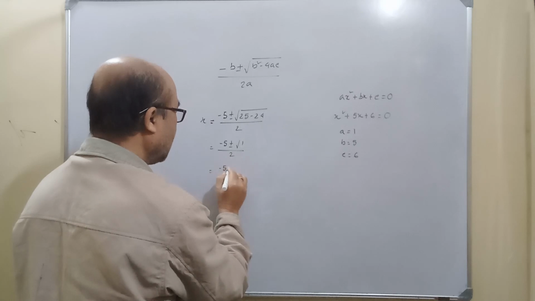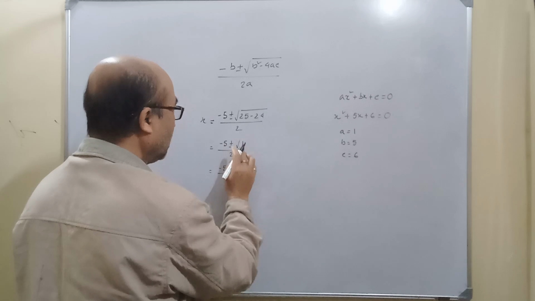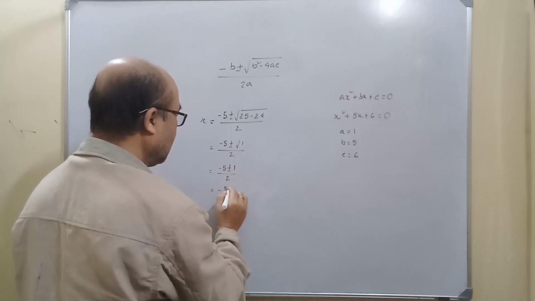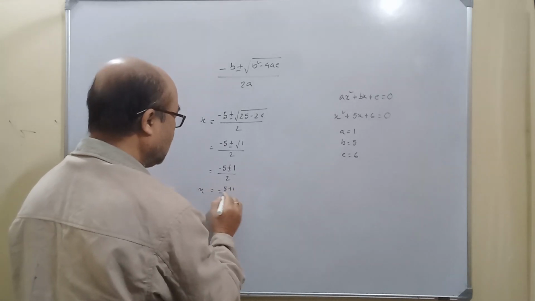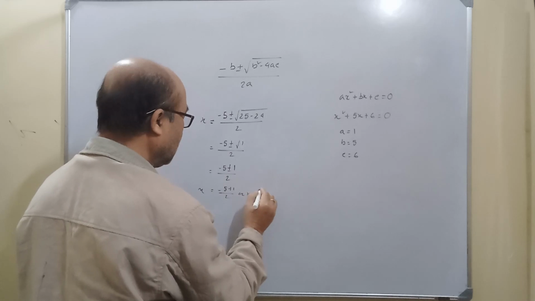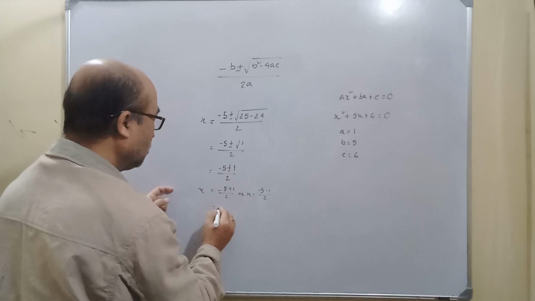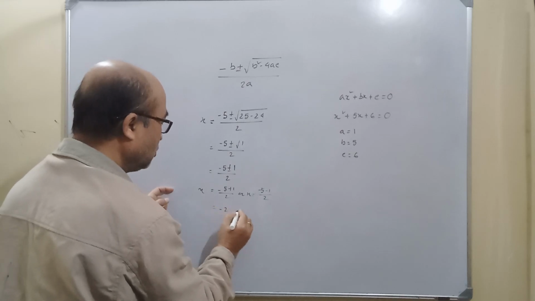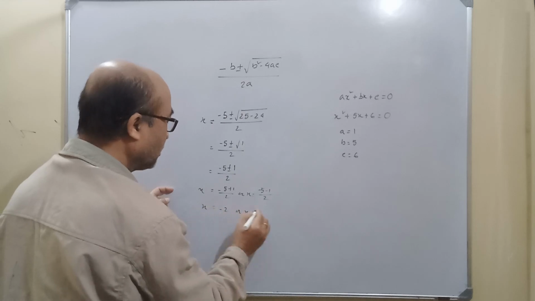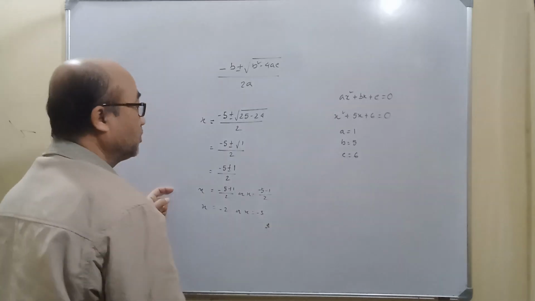That is minus 5 plus minus 1 by 2. Square root of 1 is 1. So we get x equal to minus 5 plus 1 by 2, or x equal to minus 5 minus 1 by 2, which implies x is minus 2 or x equal to minus 3, right? And this is the solution.